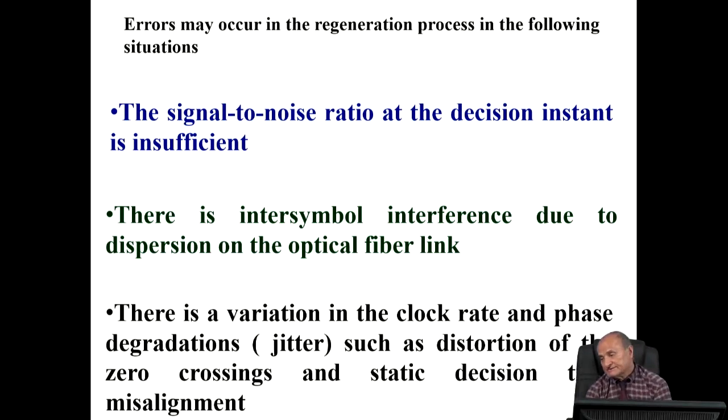Intersymbol interference: the sample under decision may overlap with the neighboring samples. Jitter: does the clock recovery at the receiver side match exactly that in the transmitter side or not?